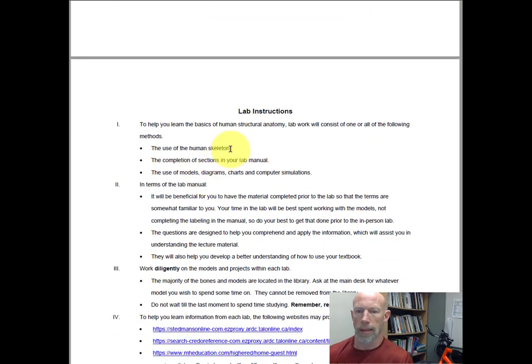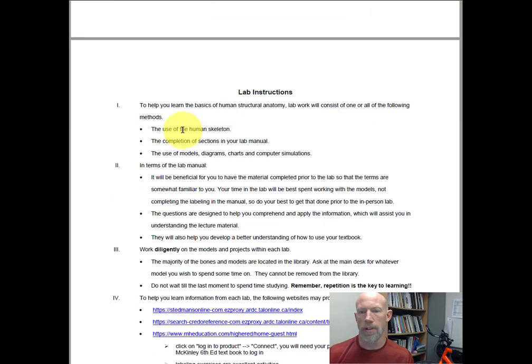A bit about the lab instructions, just a few things to point out that I would normally do right in the lab, but again, because we're doing this blended version, some of this is online, I'm going to start here instead. And so just to note that in the lab, in the in-person part, we'll be using models of the human skeleton. Some of those are real, some of them are plastic models.